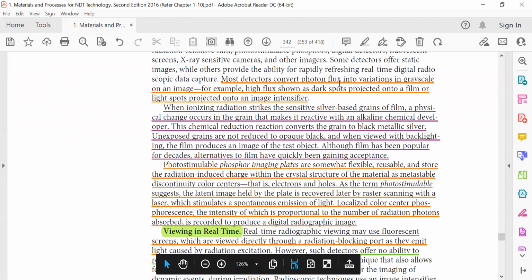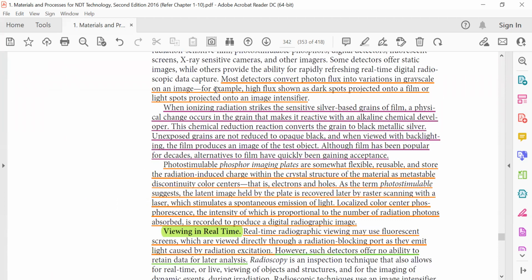Most detectors convert photon flux into variation of grayscale on an image. For example, high flux is shown as dark spots projected onto film or light spots projected onto an image intensifier.